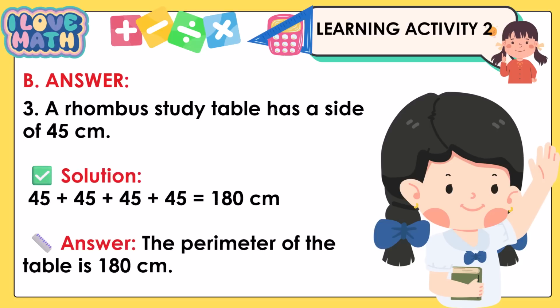Number 3, a rhombus study table has a side of 45 centimeters. Solution: 45 plus 45 plus 45 plus 45 is equal to 180 centimeters. The answer: the perimeter of the table is 180 centimeters.